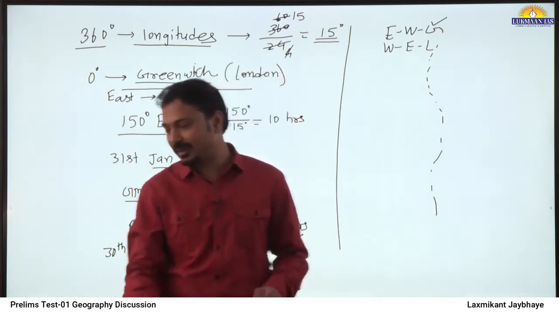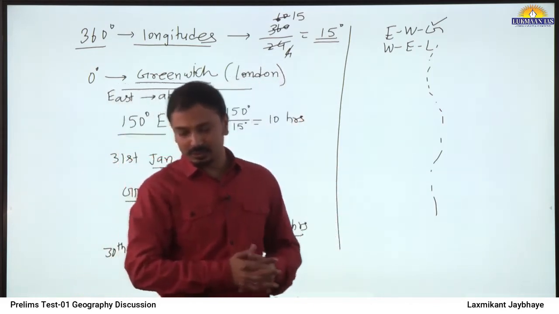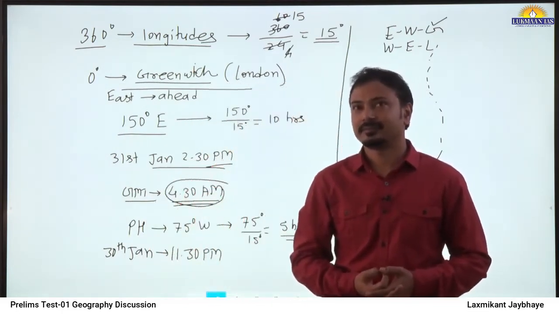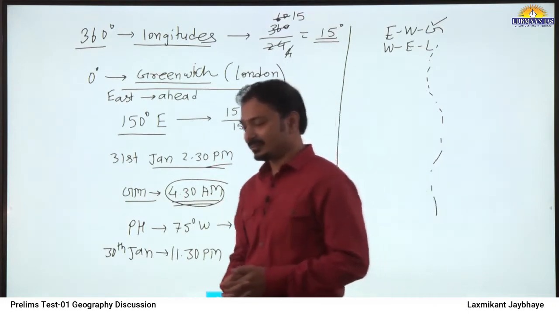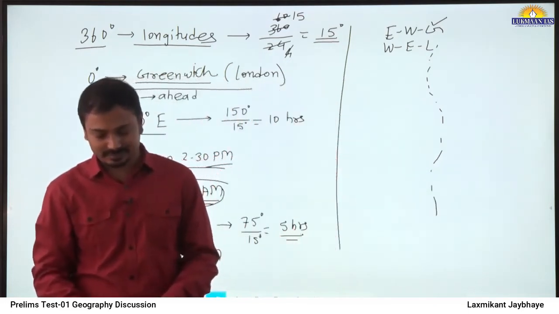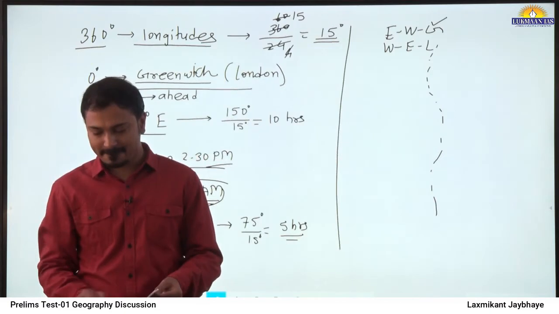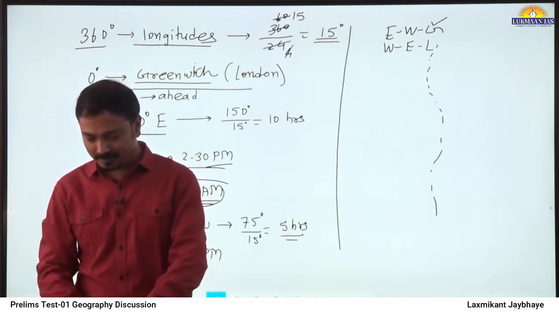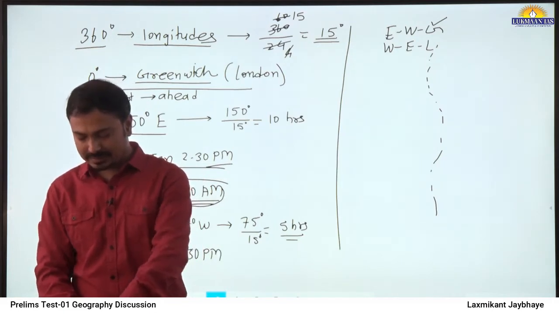Other questions? Any doubt in other questions? Did you not understand the concept of some question? Yes. Sir, there is a question related to finding out the metamorphic rocks, like slate, schist, and so on.